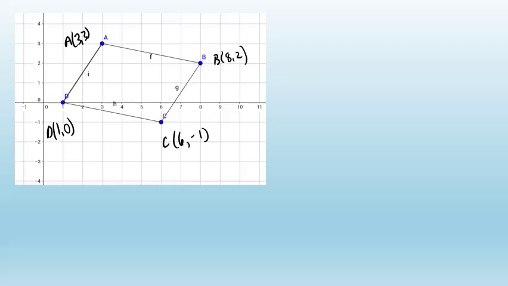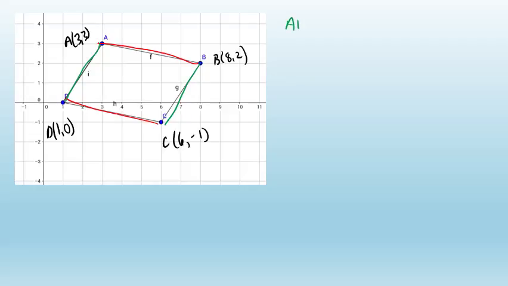So what we want to prove then is that this segment and this segment are parallel. No, excuse me, have the same distance. We're using the distance formula. And so AB is congruent with CD, and AD is congruent with BC. So let's work on AB first.